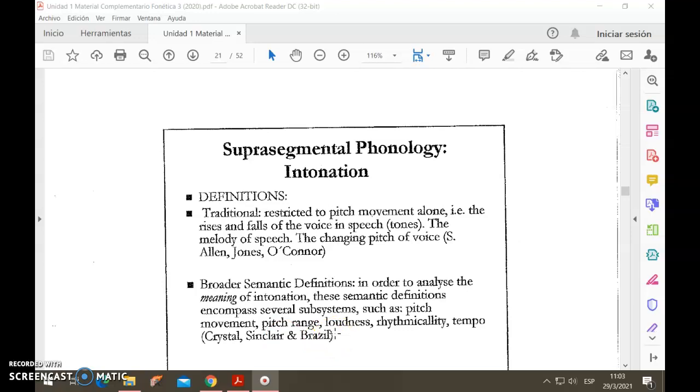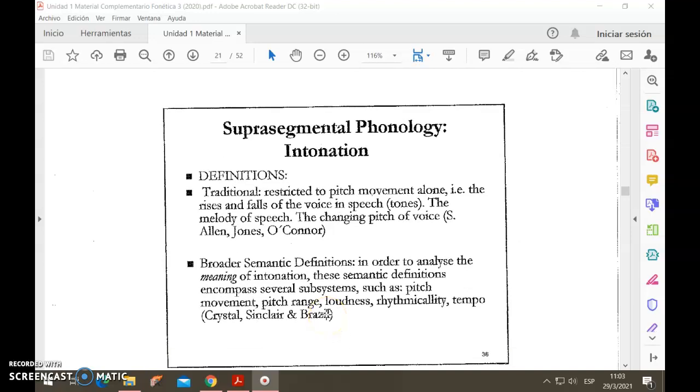So, for example, in Unit 2, we will start with tonality. This is the segmentation of speech into units, for example, phonological paragraphs, or paratones, the segmentation into tone units.